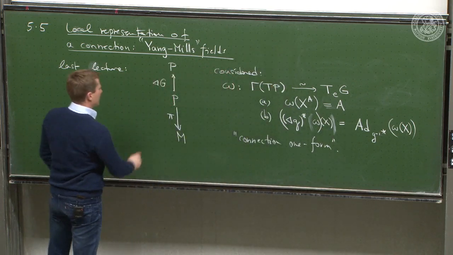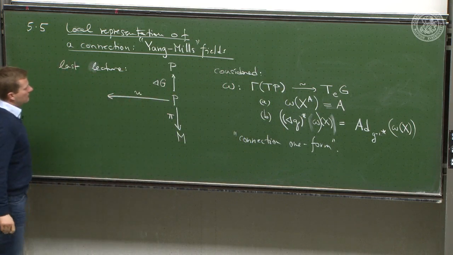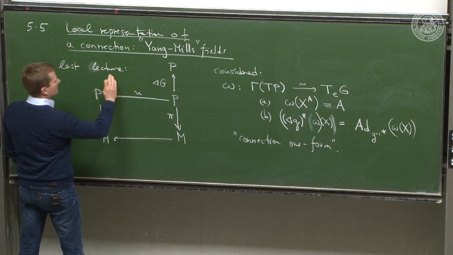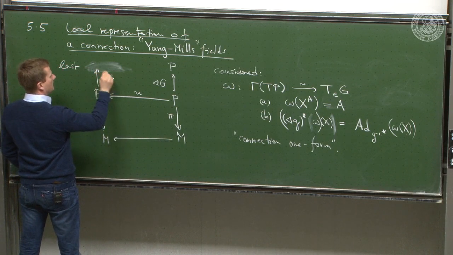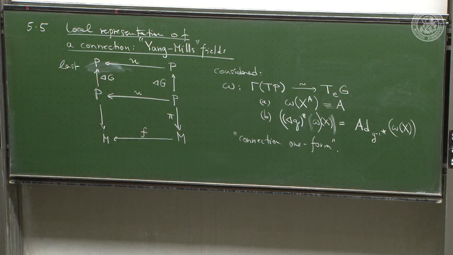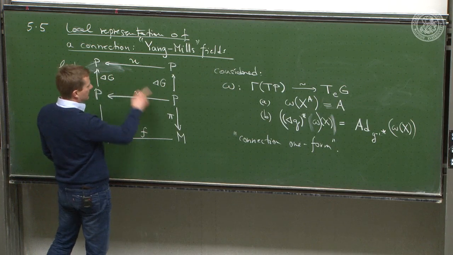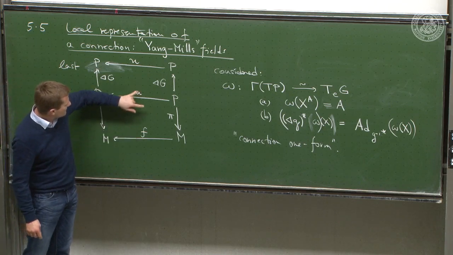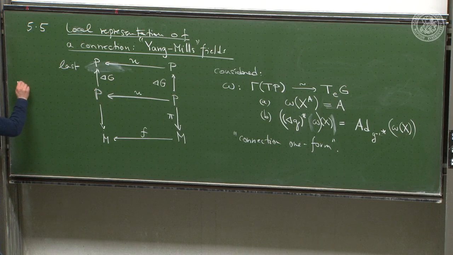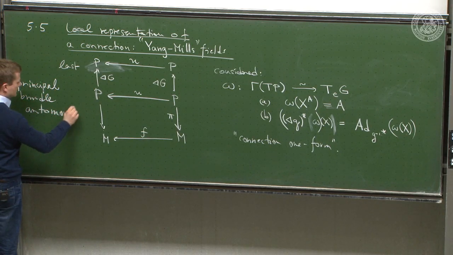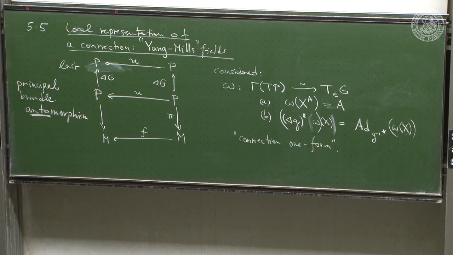Assume we have a map u that takes us again to this P. And if we make this commute here, so we have the u here again, if this u together with the f is a bundle morphism, a principal bundle morphism, then it's already a principal bundle isomorphism, and because this is the same P, this is already a principal bundle automorphism, which is just an isomorphism that goes back to itself, therefore auto.